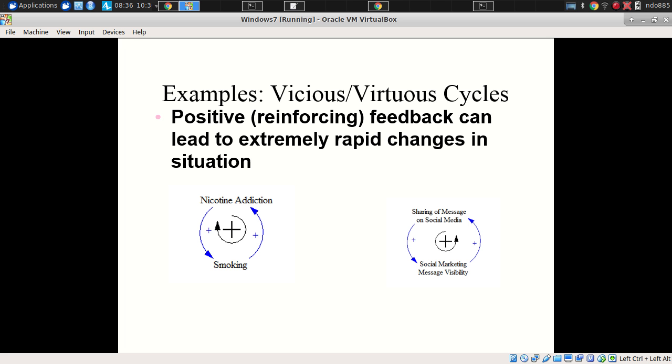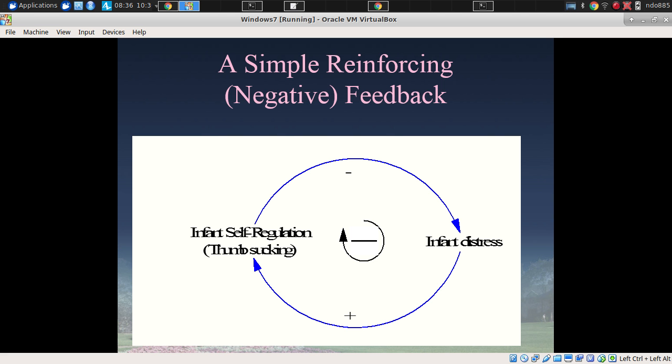Now, we have feedbacks that are balancing, which we've just been looking at, but we also have feedbacks that are reinforcing. Feedbacks that are balancing go by the name negative feedback. Why? Because a change at one part of the system, let's say an increase in infant distress, leads to a rippling set of cascading changes that push back against it.